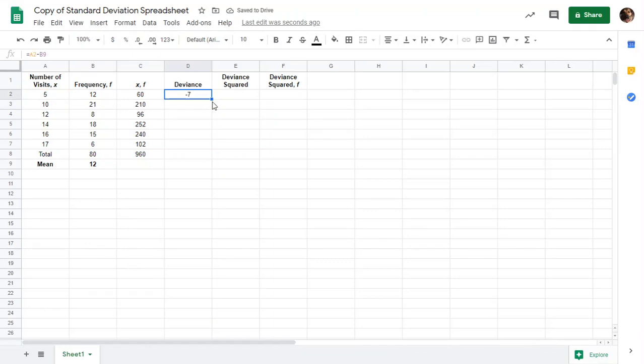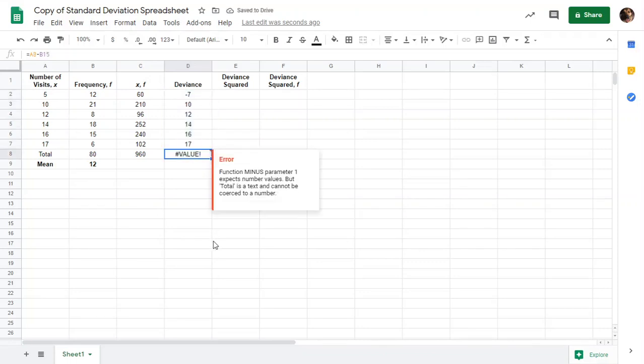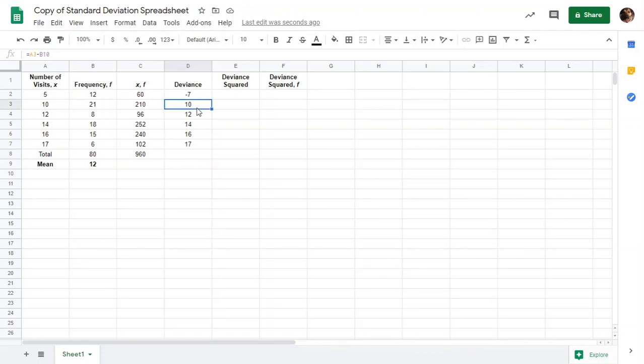And then we can use that same formula for all of these. Oh, I guess I don't need this last one. I don't need a total. Oh, and I have made a mistake. What mistake did I make? If I look right here, I am subtracting from a blank spot.